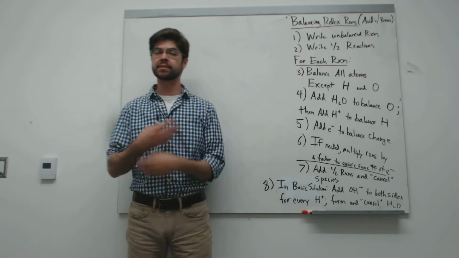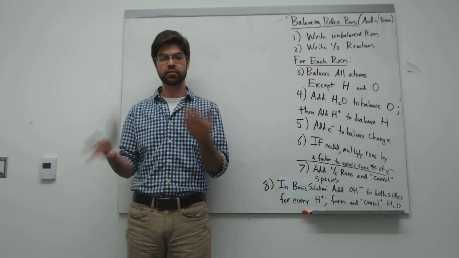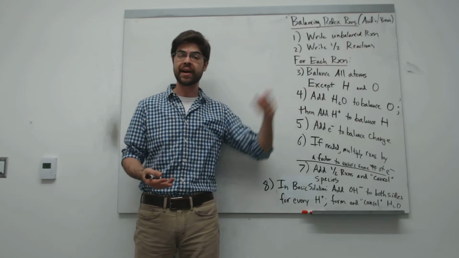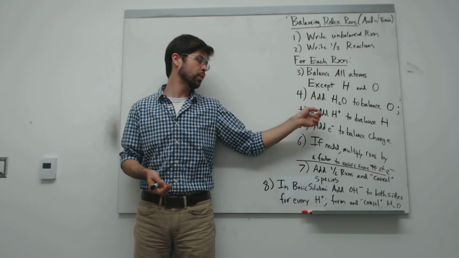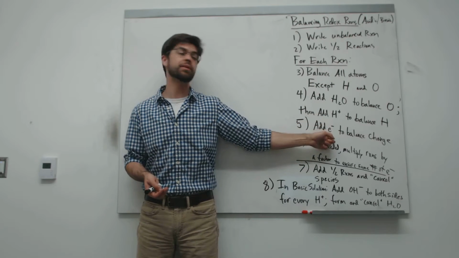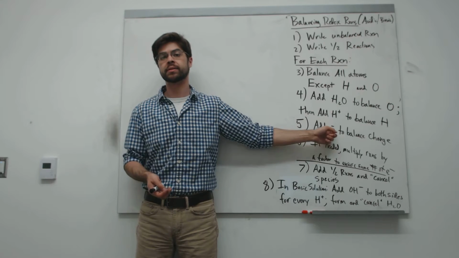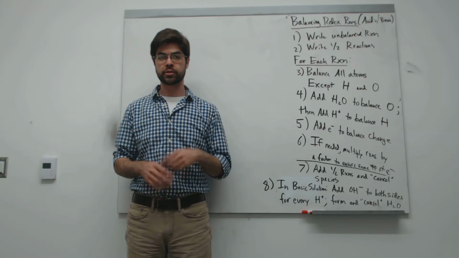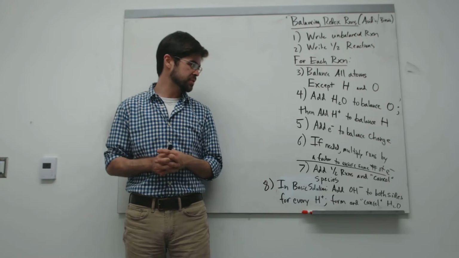And then lastly, since a redox reaction involves transfer of electrons, you have not only conservation of mass, conservation of the atoms, you also have conservation of charge. So you need to balance the charge by adding electrons to each of your half reactions.